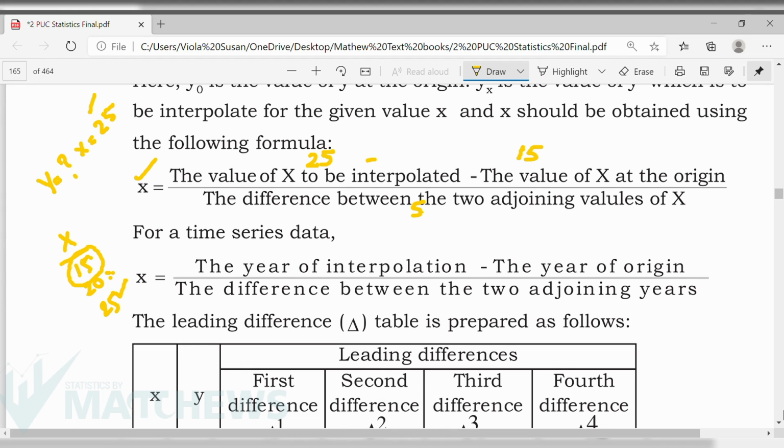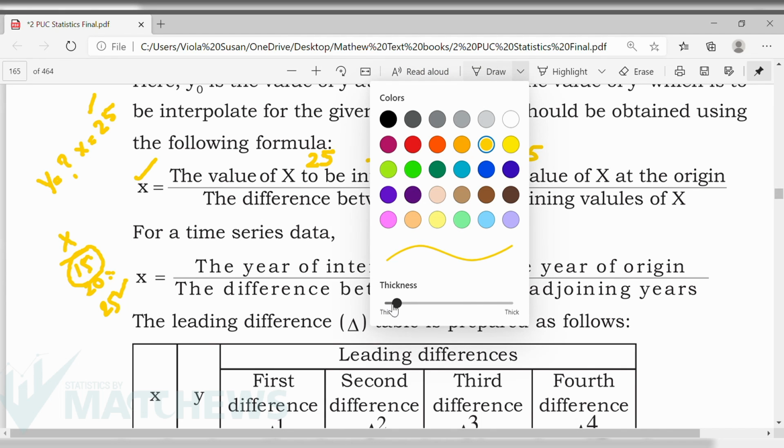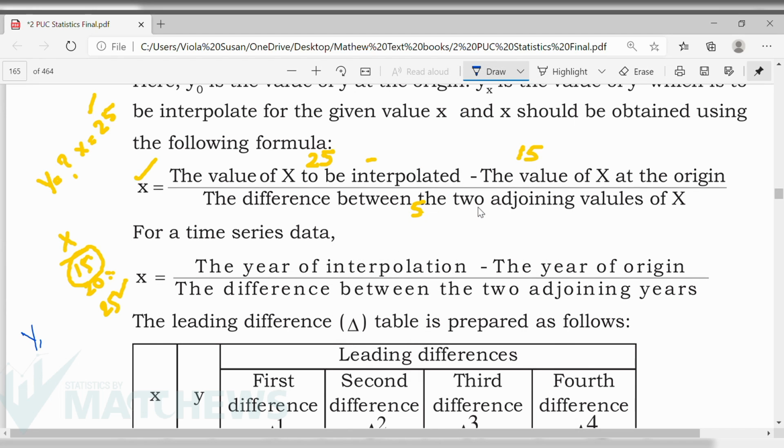If ever the data is given as a time series, students, we know what it is. I just have to show it to you. For example, the data has years and values. This is time series data: 2001, 2002, 2003, 2004, and the values here.